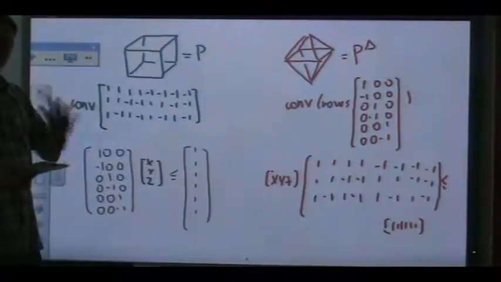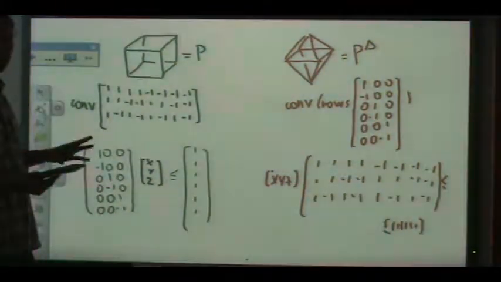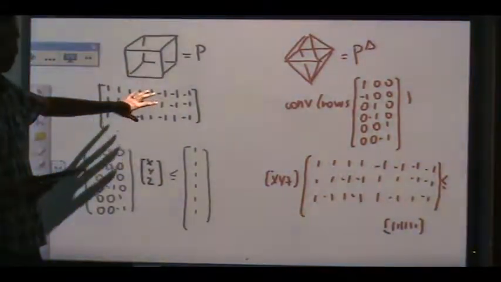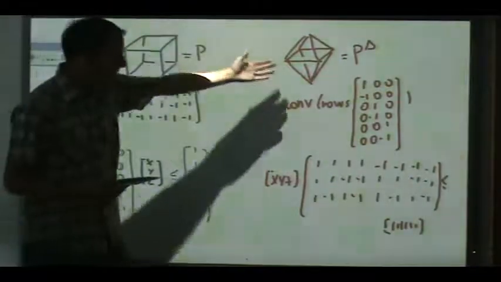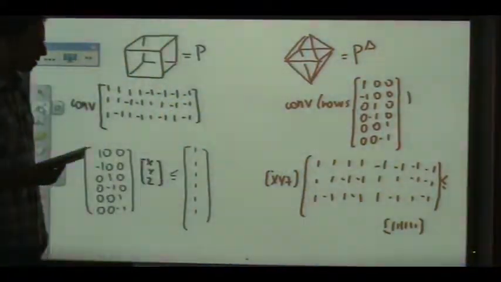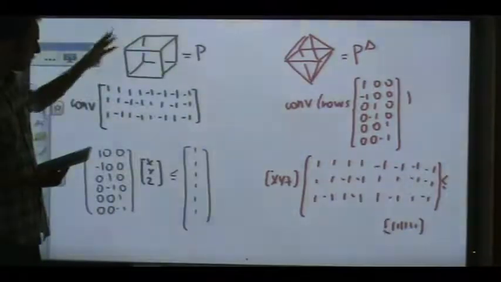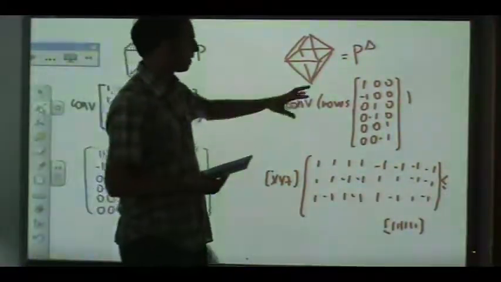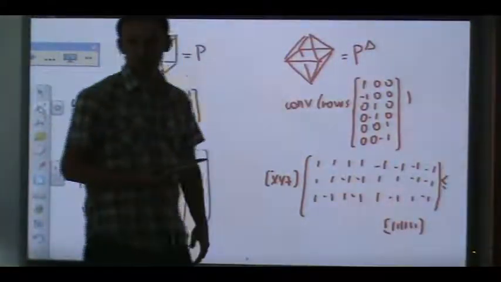And you see that the point of this statement is that if you write P as a convex hull of things, then for the P polar, the inequalities are given by the exact same matrix. And if you write P in its inequality form, then for P polar, the convex hull is given by the same matrix.